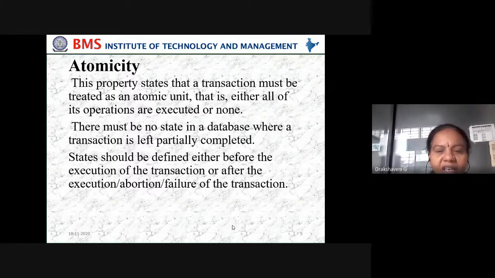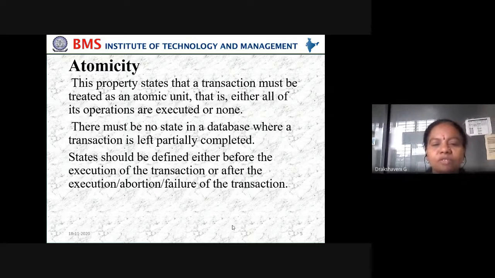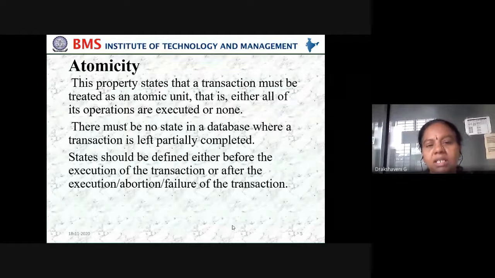State should be defined either before the execution of the transaction or after the execution, whatever the state it is.